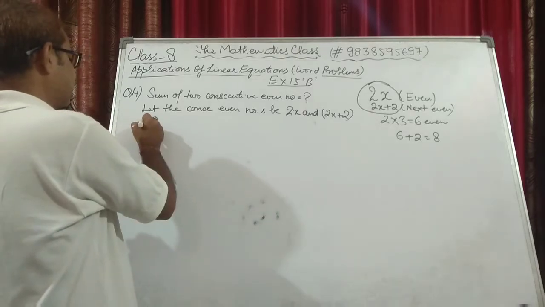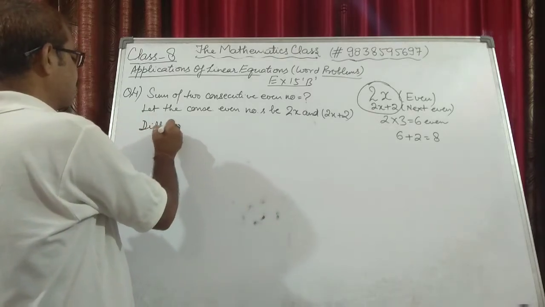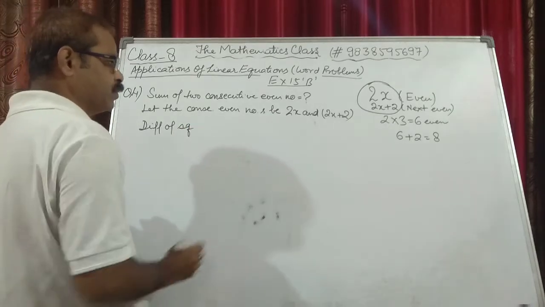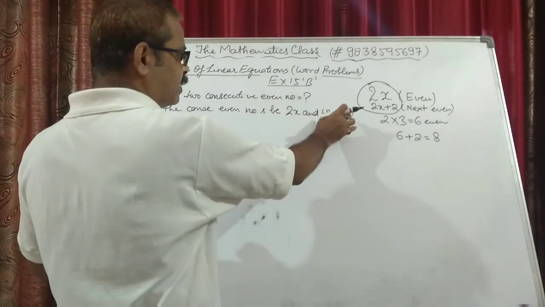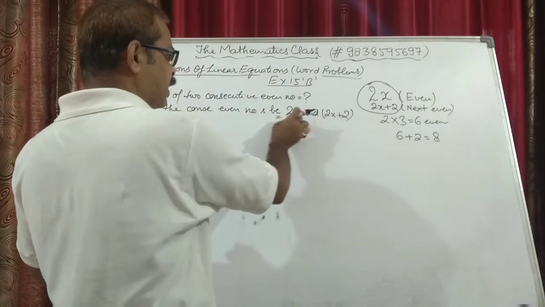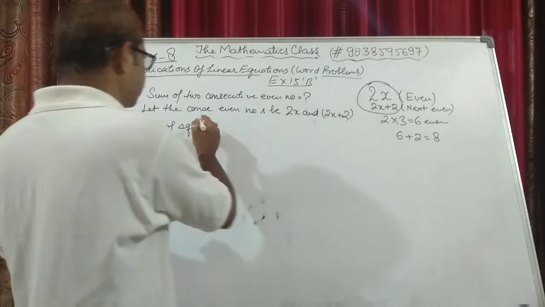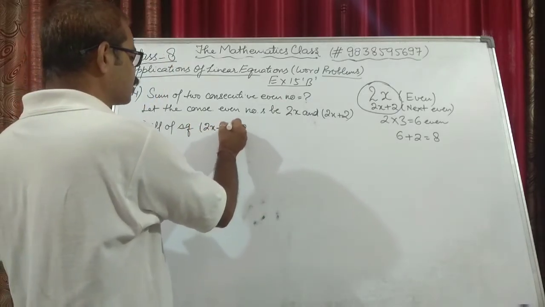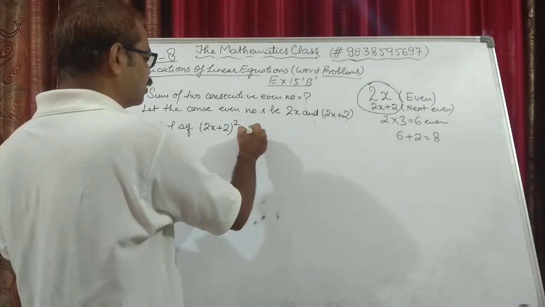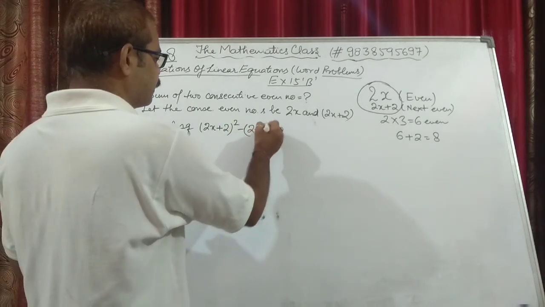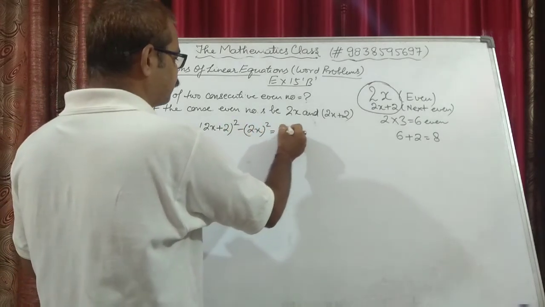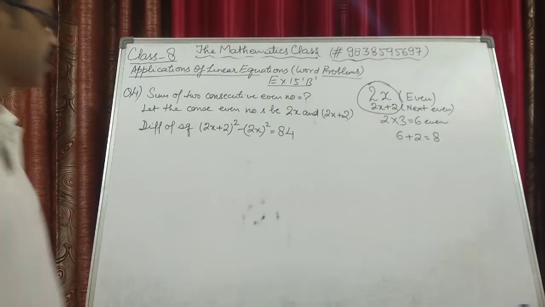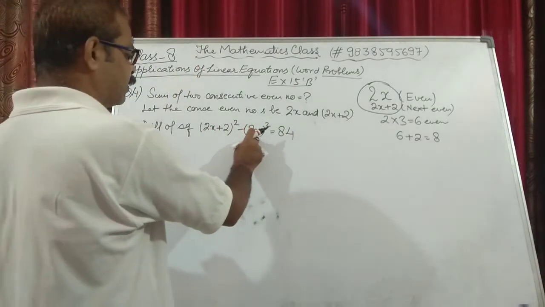So obviously 2x plus 2 is the bigger one. Square of bigger minus square of smaller is equal to 84. It means (2x plus 2) whole square minus (2x) square is equal to 84. Now we have to find the sum of these consecutive numbers, so we will find out the value of x.